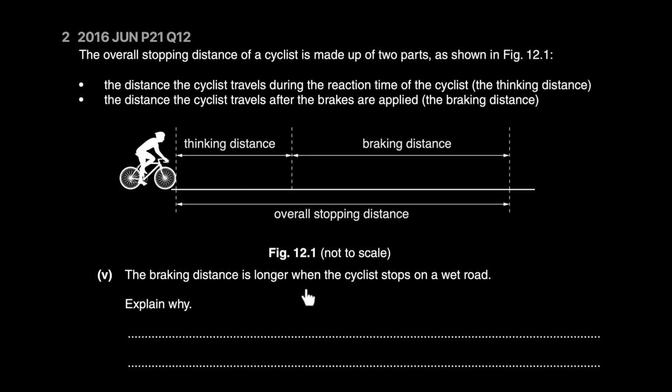The braking distance is longer when the cyclist is on a wet road. So this is longer if the road is wet. Why? Well, because if it's wet, the road is slippery, which is another way of saying that the friction on the road is low.